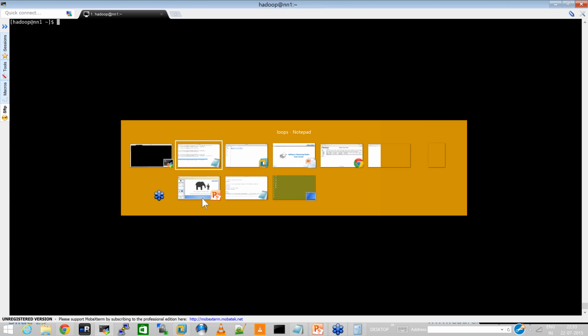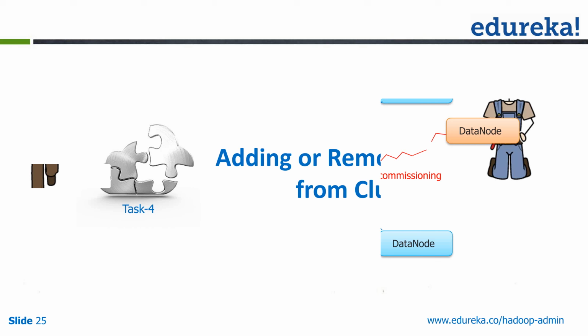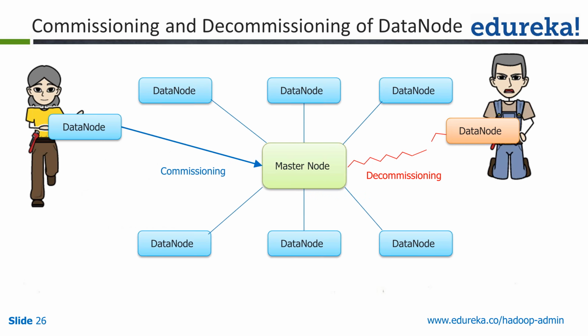So the commissioning and decommissioning process is going to be a very important task for a Hadoop administrator, because you plan for more data nodes in the future as your data grows. It's also a task to decommission the hardware which is degrading.